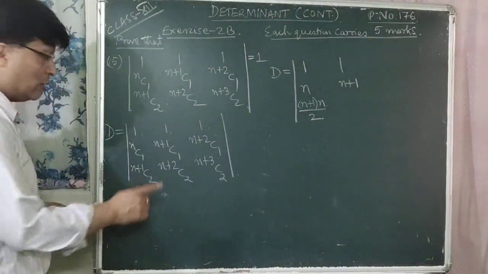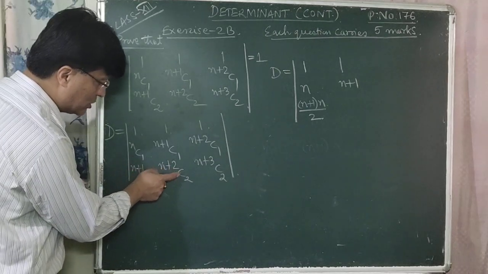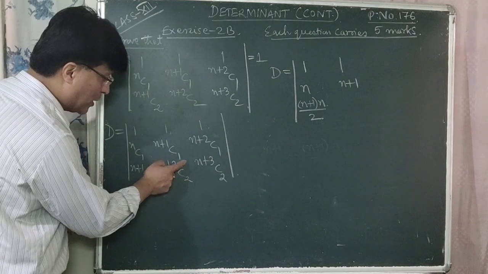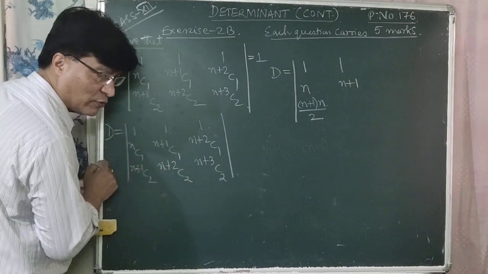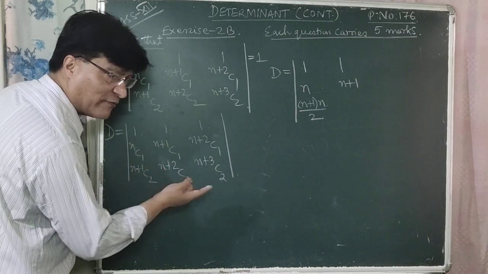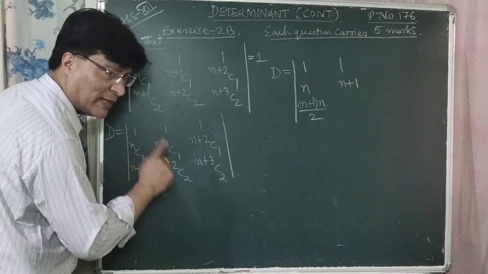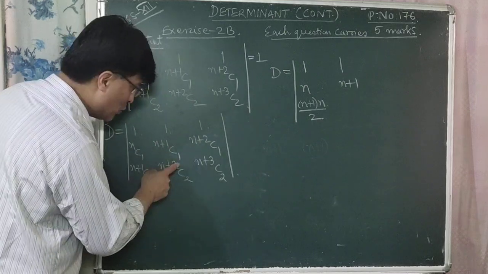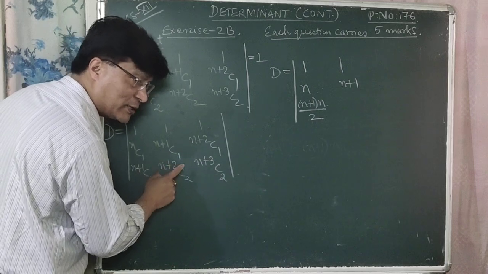Now similarly, what is n plus 2 C2? What is meant by it? Starting from n plus 2, how many factors? 2 factors. So one of the factors is n plus 2. What is the other factor? Do 1 less from n plus 2. What does it become? n plus 1.